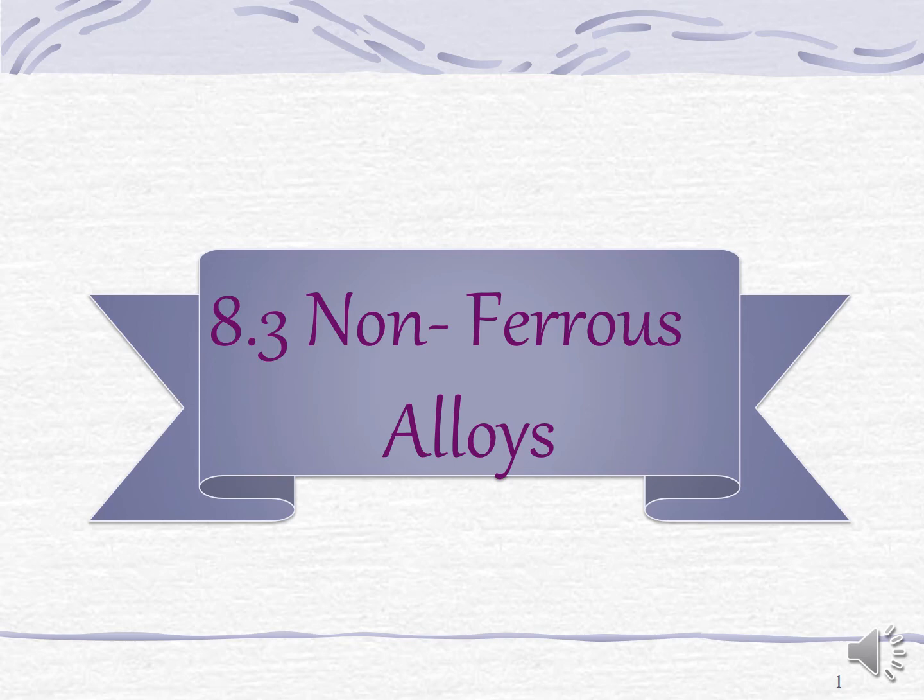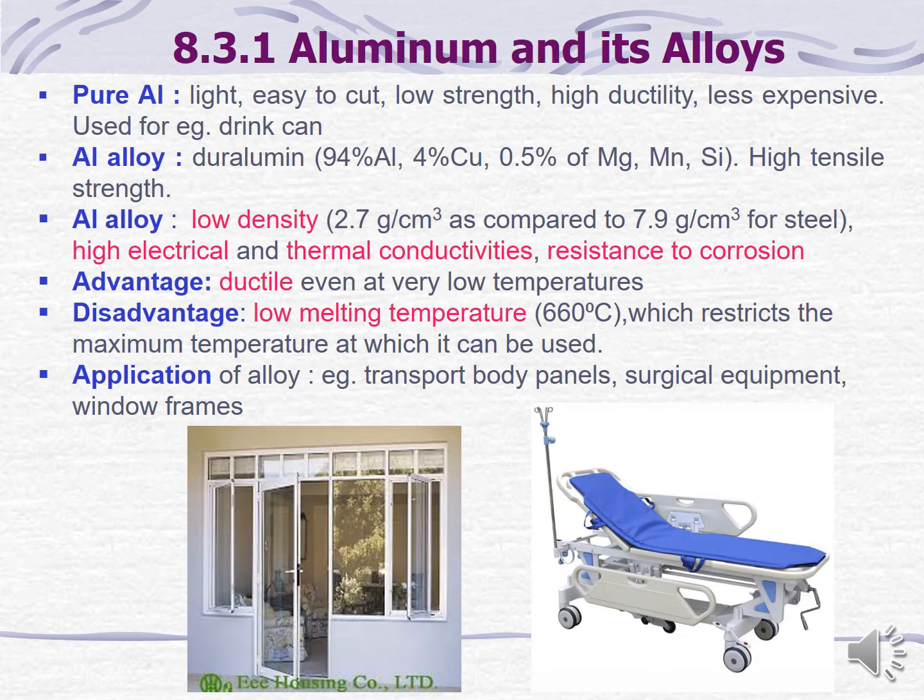Now let's move to the non-ferrous alloys. One example of non-ferrous alloys is aluminum and its alloys. Pure aluminum is very light, easy to cut, low strength, high ductility, and less expensive, so it is suitable to be used as a material for making drink cans.